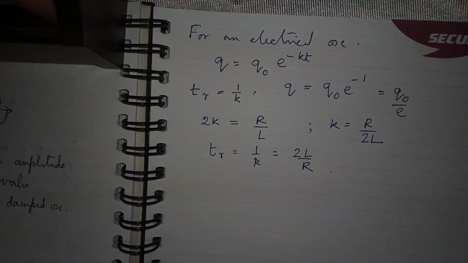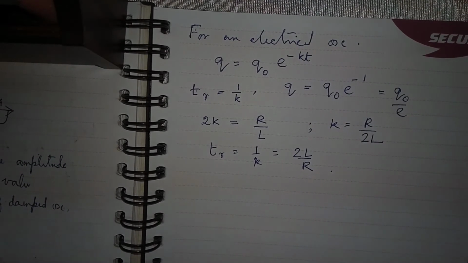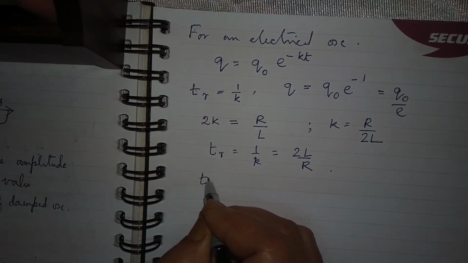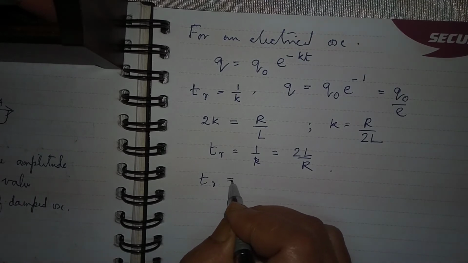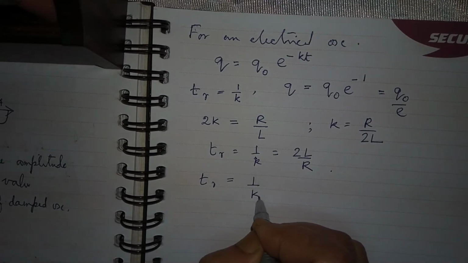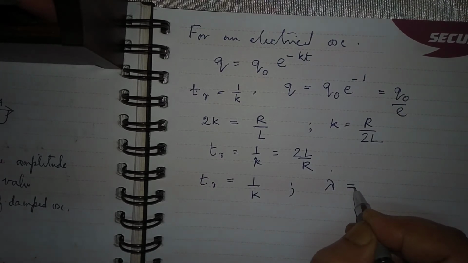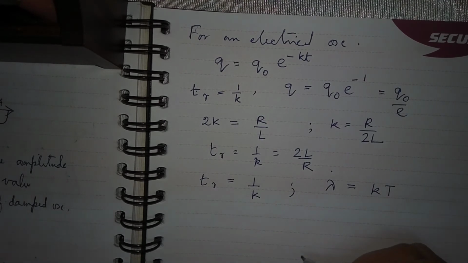Okay, so now suppose we try to find the relationship between log decrement and relaxation time. Relaxation time TR is equal to 1 by k. And log decrement lambda is equal to kT, isn't it?